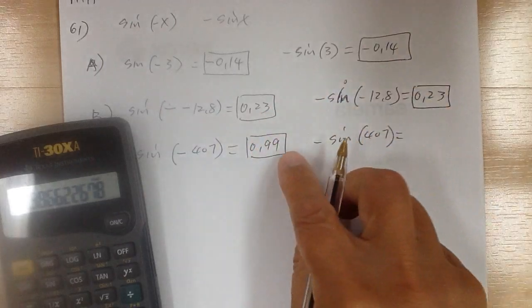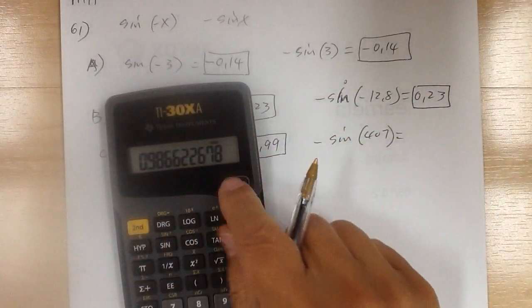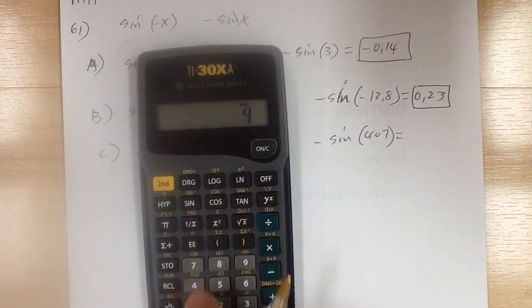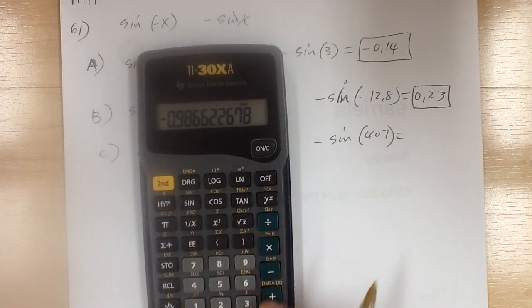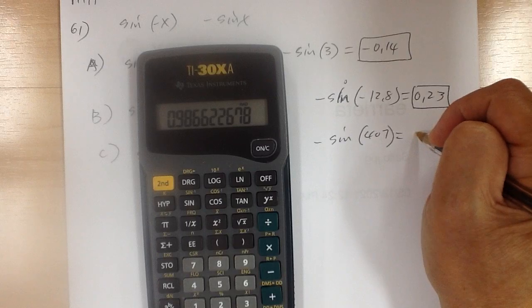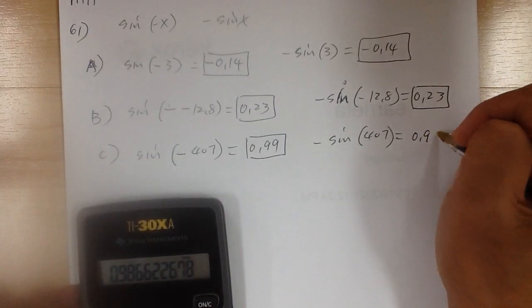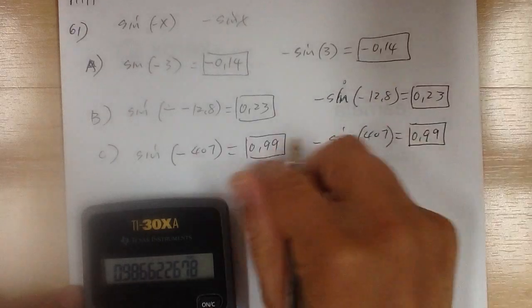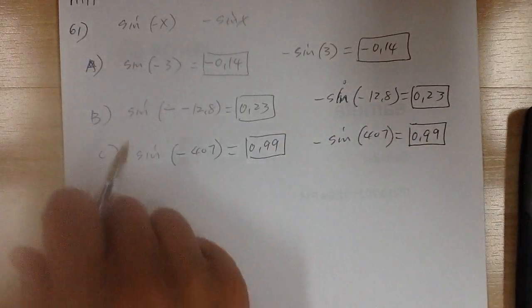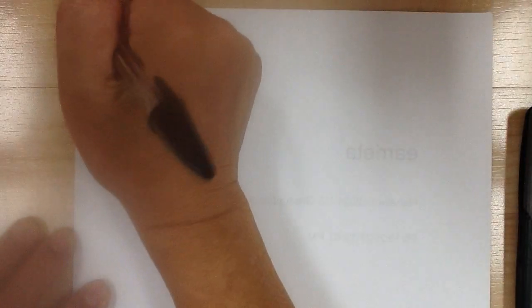Okay, 2 significant digits. Over here, you get 407 sine of that, take the negative, again you get 0.99. Okay, so again they're equal. Okay, next one.